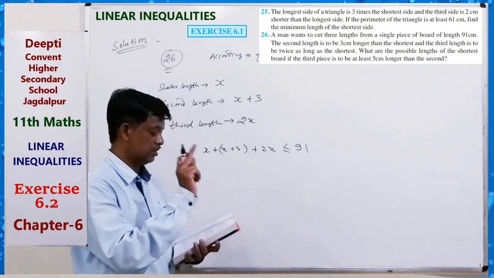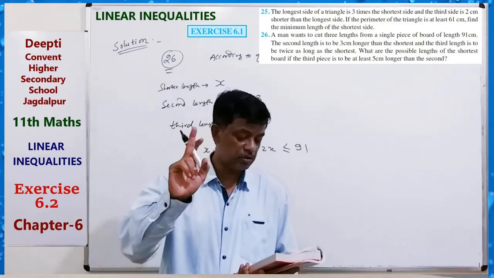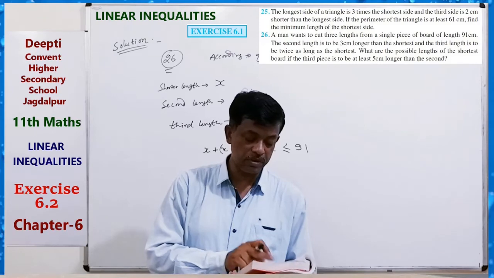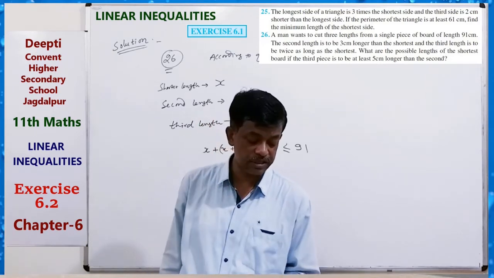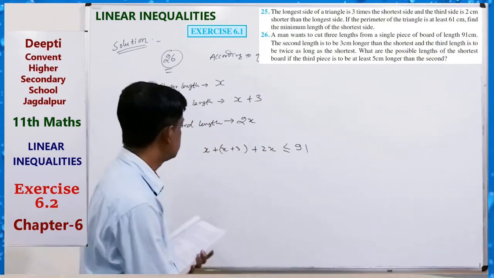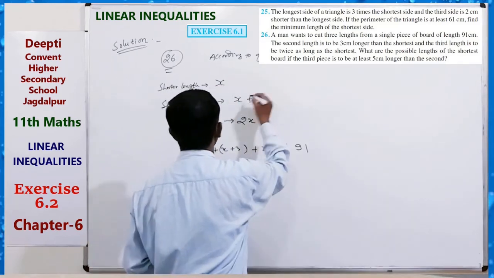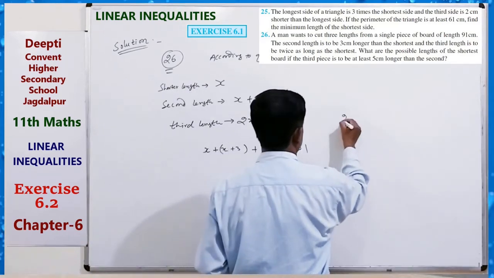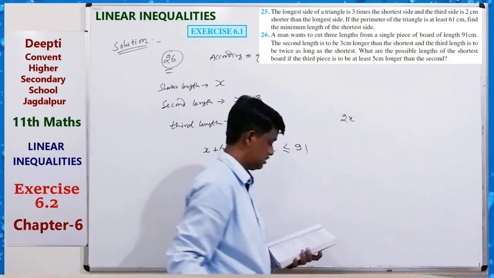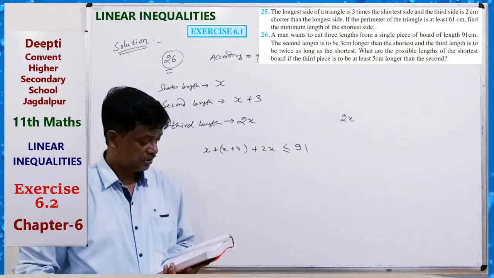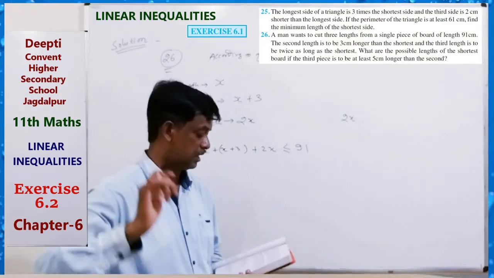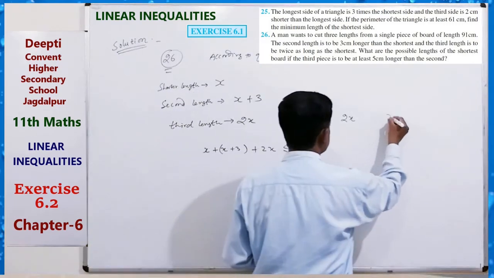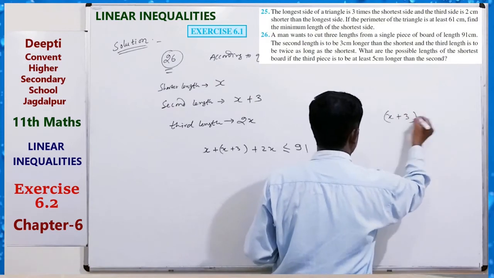And another condition: the third piece is to be at least 5 centimeter longer than the second. The third piece is 2x, and it is to be at least 5 centimeter longer than the second side, which is x plus 3 plus 5.